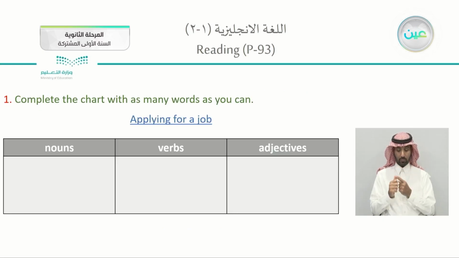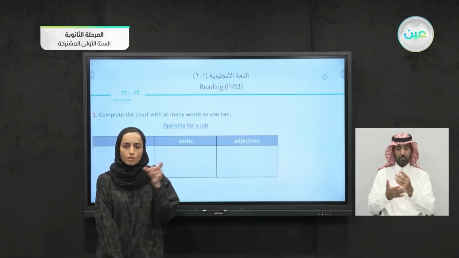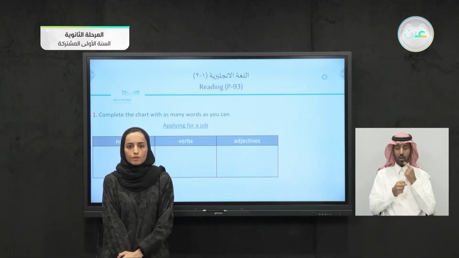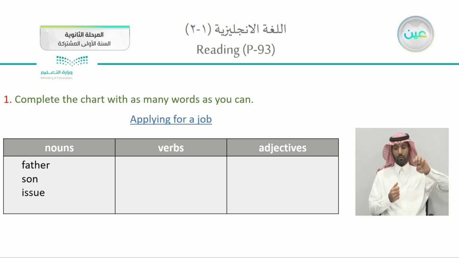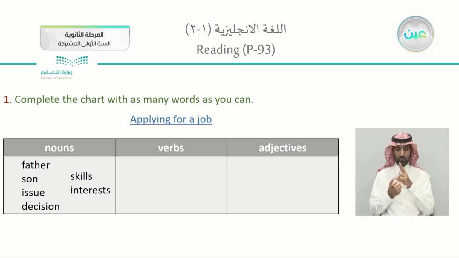At the beginning in here, number 1, complete the chart with as many words as you can. Let's put the idea of applying for a job in your mind, and you will come up with nouns, verbs, and adjectives. Let's think about the nouns. I can use the noun father, son. I can use issue or a problem, decision, also skills, and interests. These are all nouns.